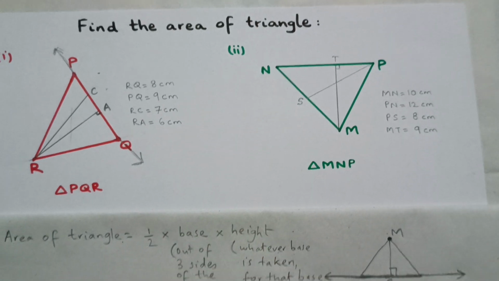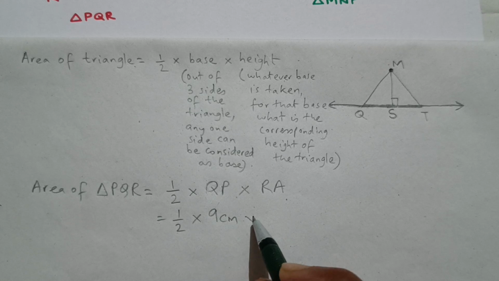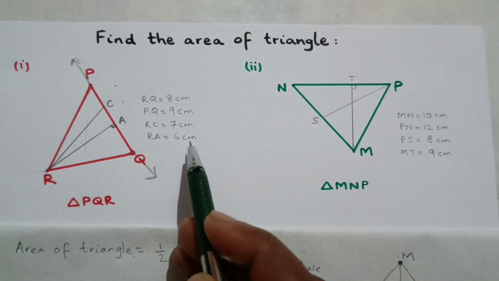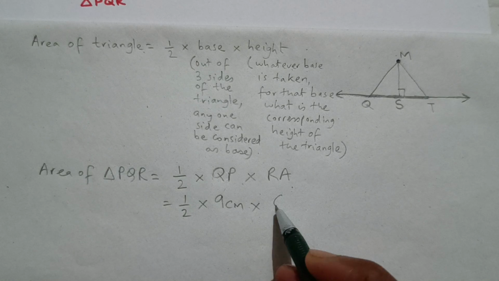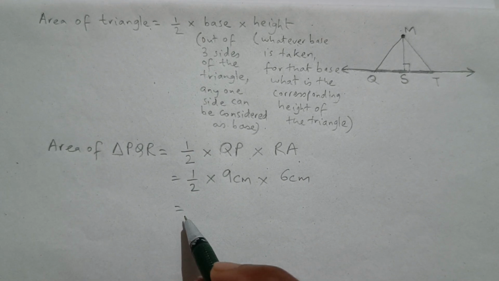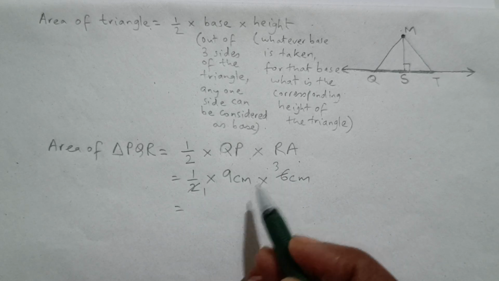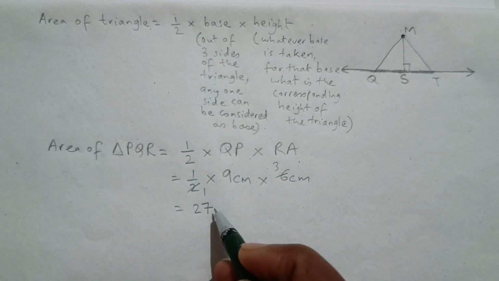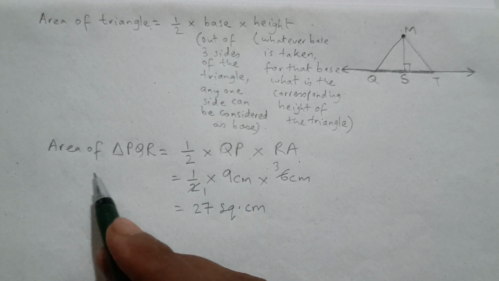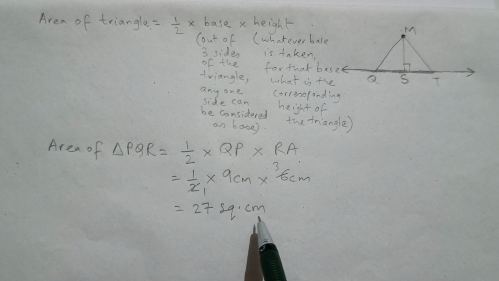So half into 9 centimeter into 6 centimeter, which is, so 2 ones are 2, 2 threes are 6. So 9 into 3 is 27. So 27 square centimeter. So area of triangle PQR is 27 square centimeter.